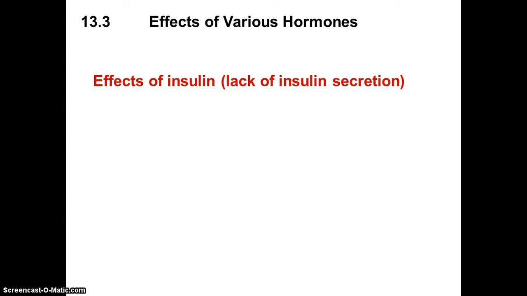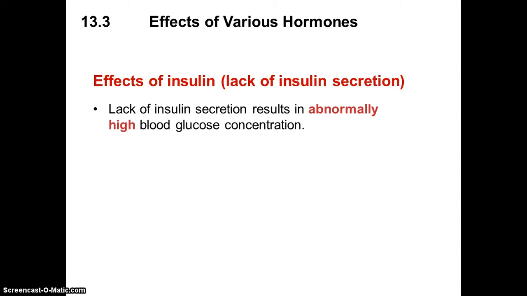What happens when you actually lack insulin secretion? When glucose cannot be stored or utilized by the tissue cells, the blood glucose concentrations will rise. The glucose is subsequently lost in the urine, which gives rise to a disease we call diabetes mellitus.